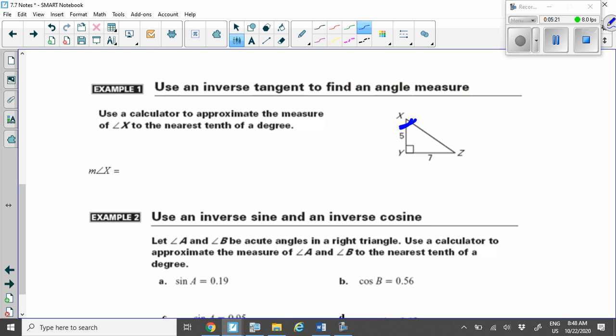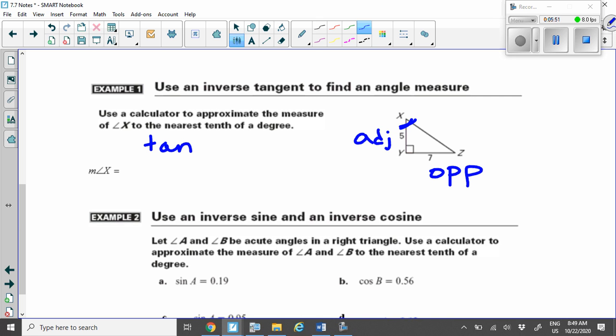Now, notice I have a 5 and a 7 on my sides. So I have to use that in order to solve for x. Notice that 5 is the side right next to x. Remember, that means that is our adjacent side. And 7 is across from the x, so that is our opposite. So how I'm going to do this is I keep my tangent. Usually we did the angle measurement, but that's what we're trying to find.